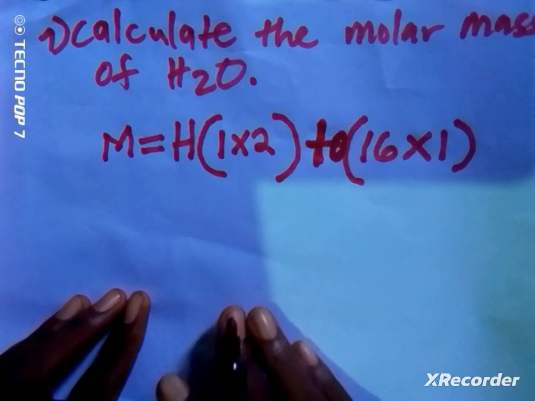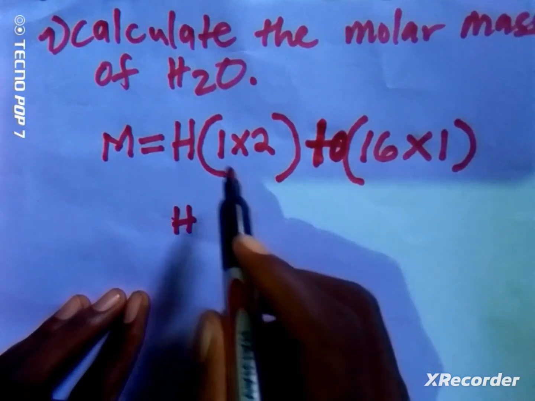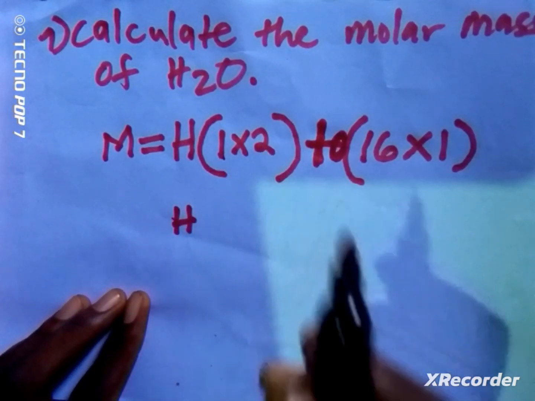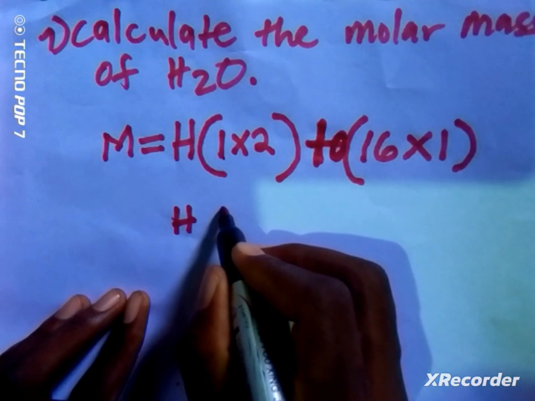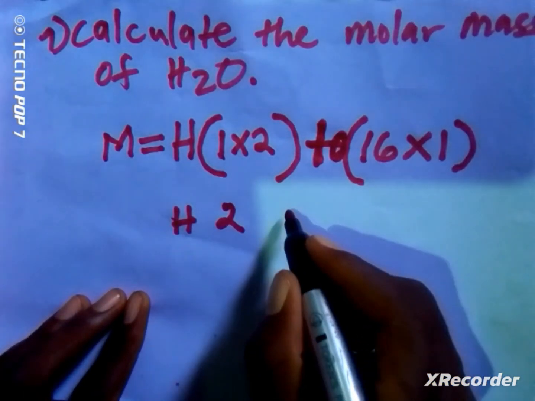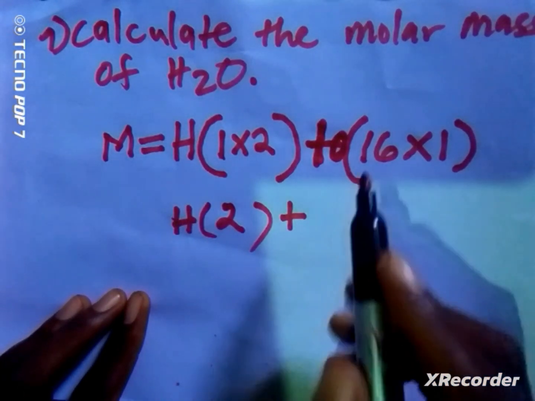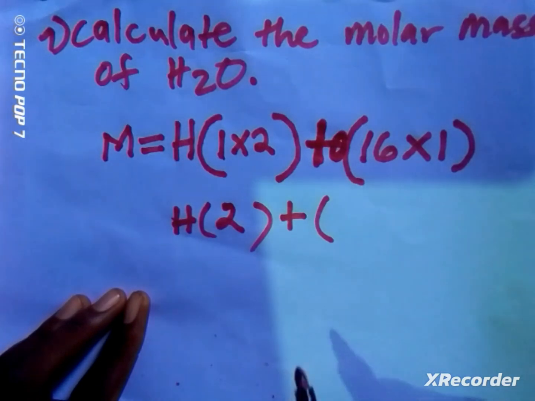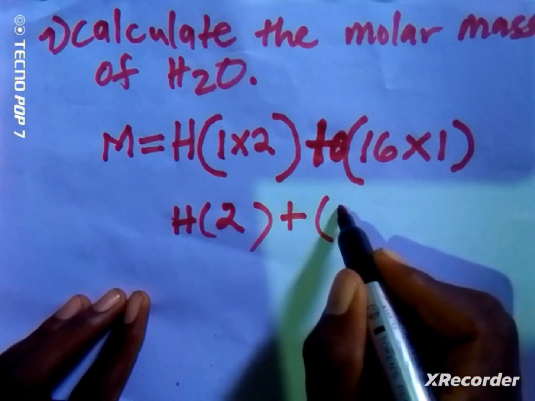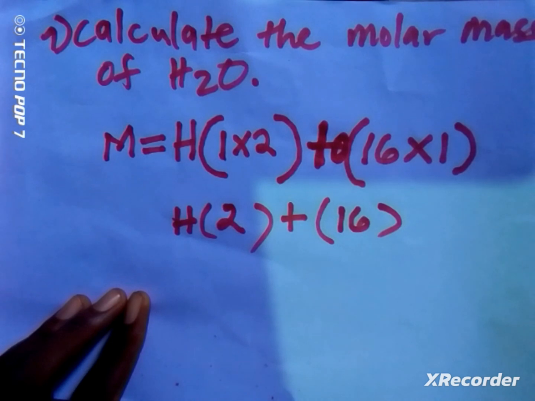Okay, so simple. Let's have our H here. So 1 times 2 is equal to 2. Right? Plus 16 times 1 is equal to 16. See here?